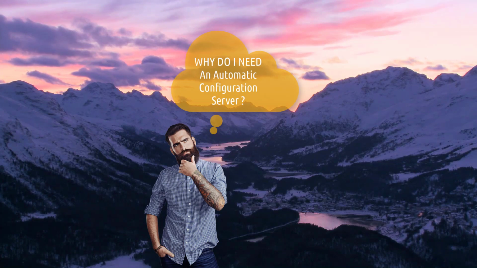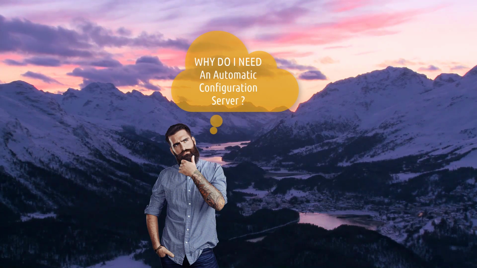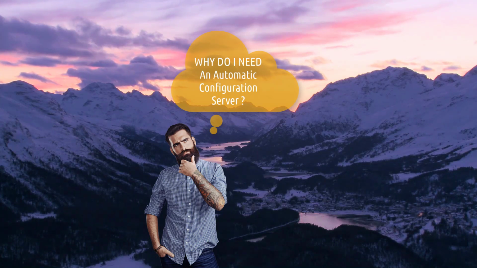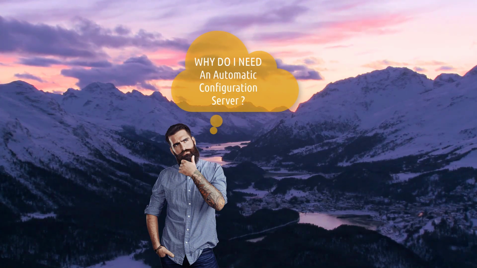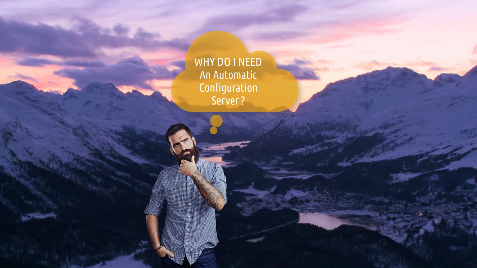You don't need physical access to the device. You can set our ACS to just push a configuration file or a script to the router, and it can automatically configure itself without even being touched or anyone being notified or involved in the process. It can all be automated.